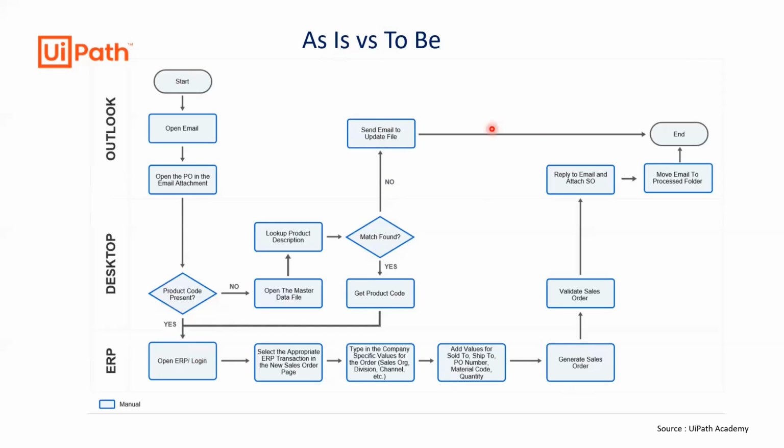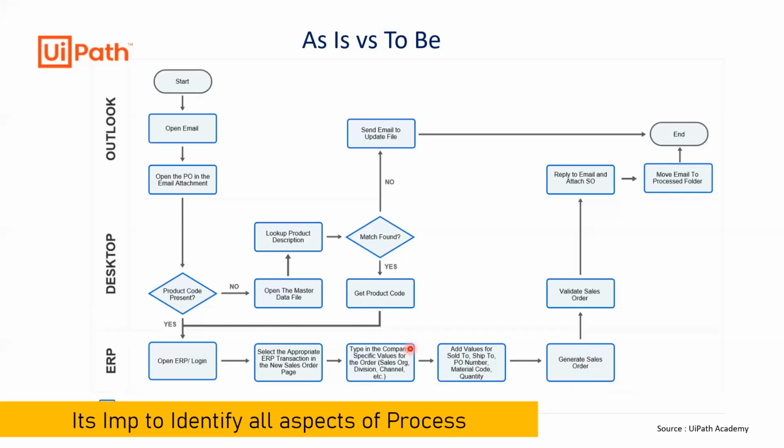Now, if you see this entire thing, how many applications are involved? This first block is Outlook, where everything is happening on Outlook. The second one is the desktop, which the person is doing on the desktop. And the last one is happening on the ERP, which means the application. Now, if I ask you, what is the input here? We were just talking, right?